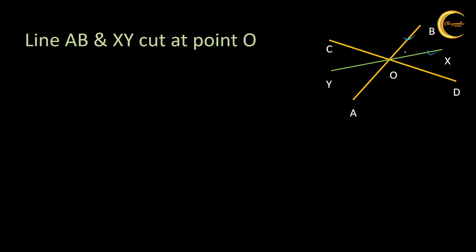So this angle and this angle, this XOB angle and angle AOY, are equal. There is no doubt. So it is from theorem 3, because this is a vertically opposite angle.